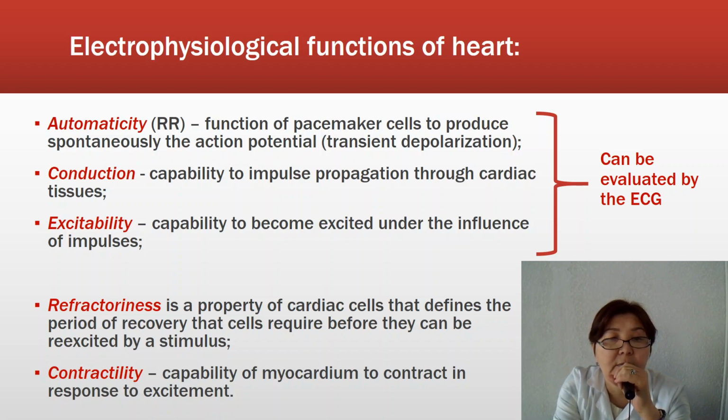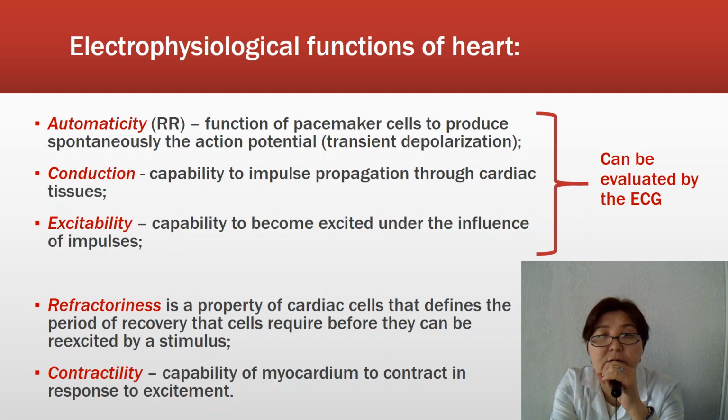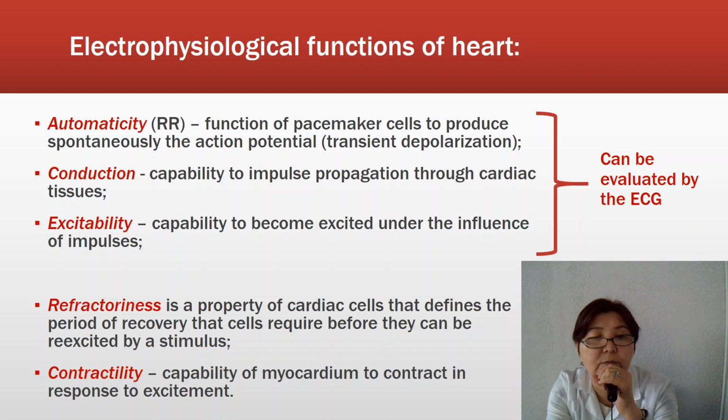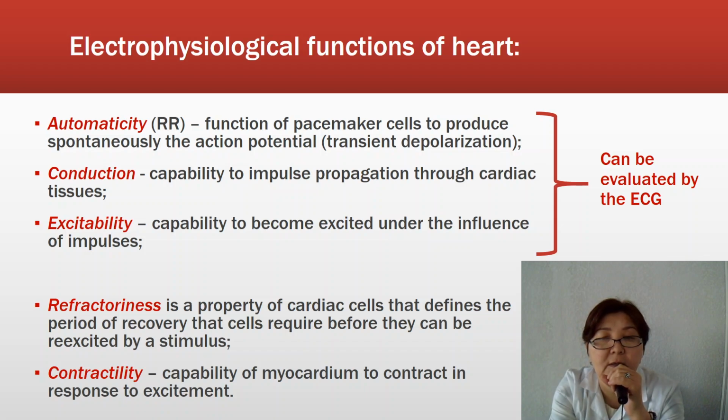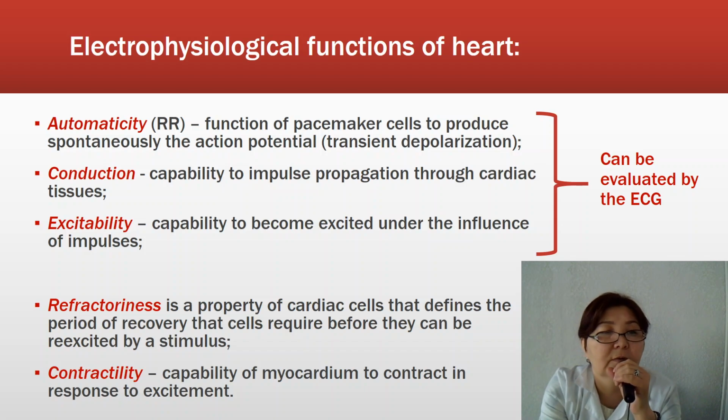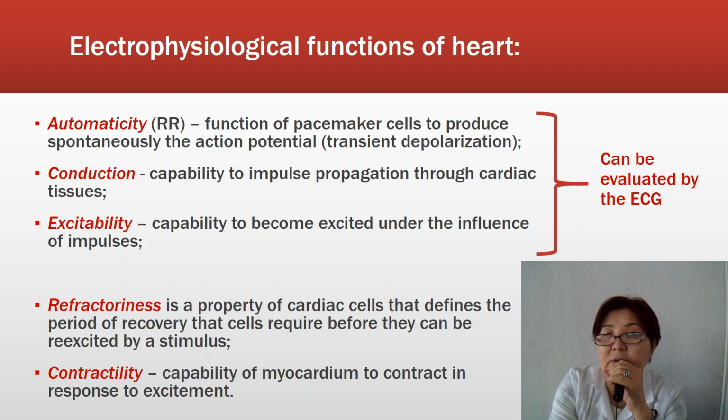Conduction is the capability of impulse propagation through cardiac tissues. Excitability is the capability to become excited under the influence of impulses. These three characteristics can be evaluated by the ECG.